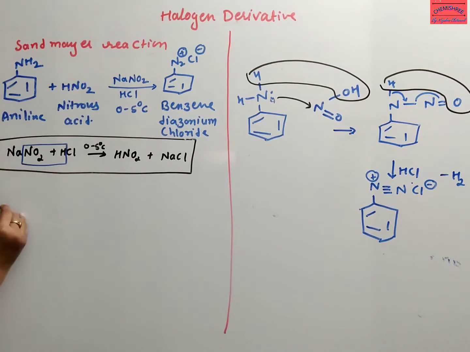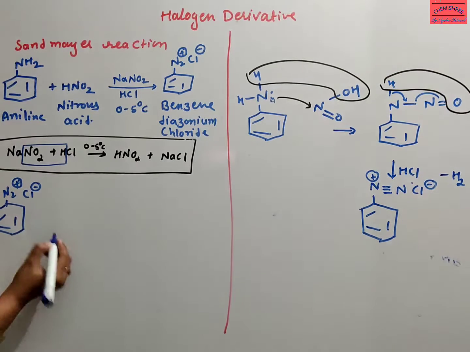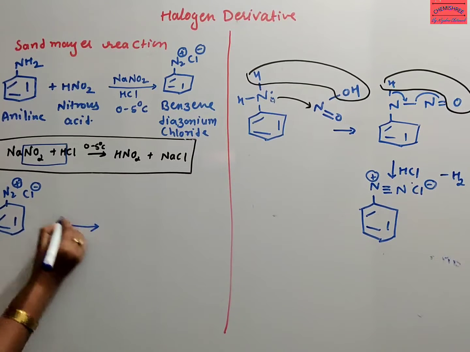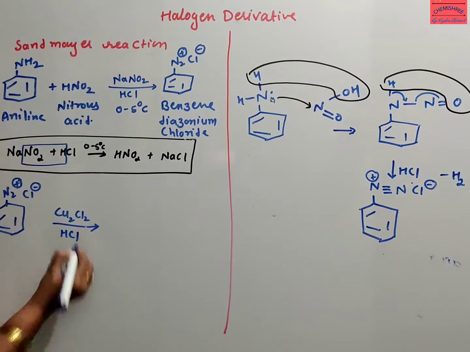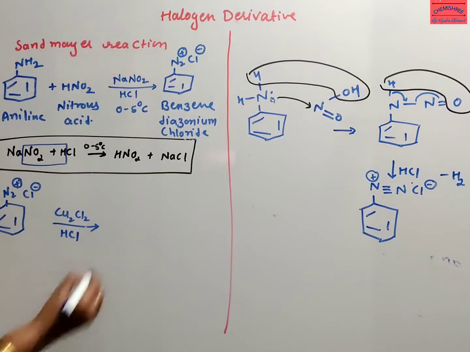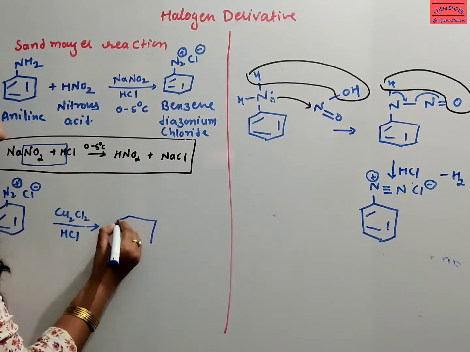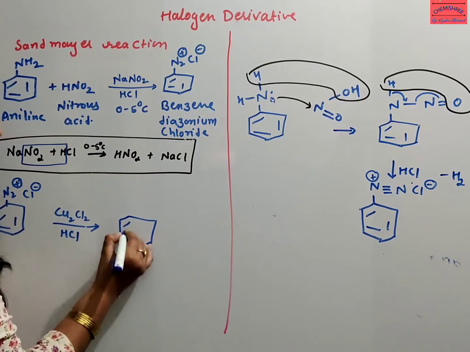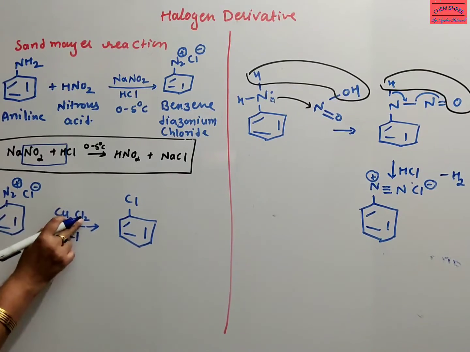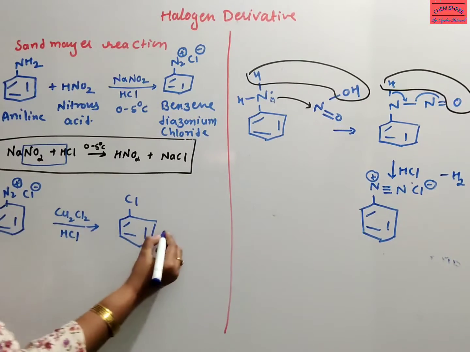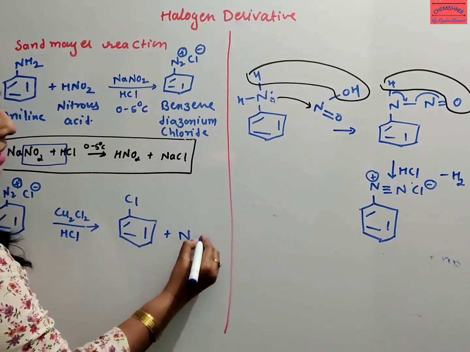Now finally, when this benzene diazonium chloride is treated with Cu2Cl2, copper salt in acid, what will happen? There is a formation of chlorobenzene, chlorine from Cu2Cl2 transferred over here, and nitrogen gas evolved.